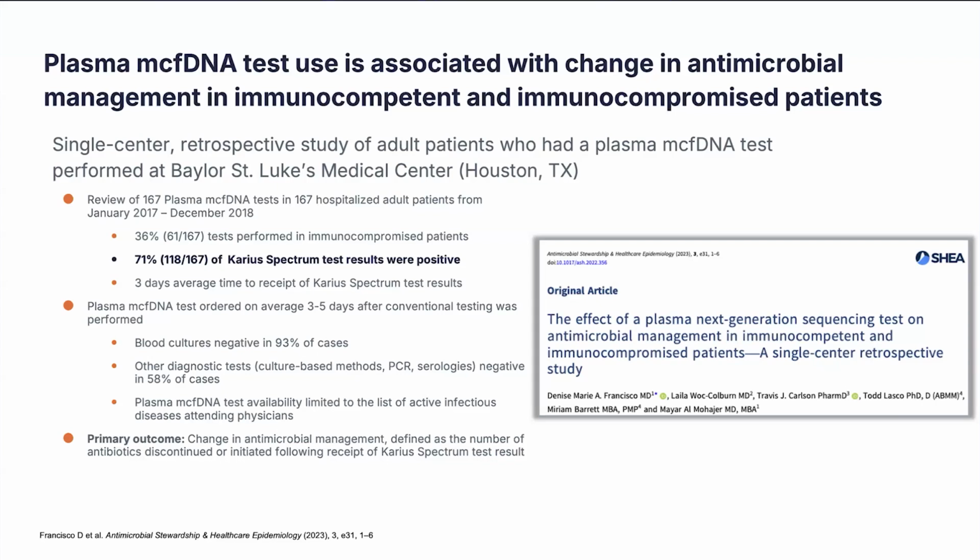So we looked at 167 patients in that time frame where Karius was sent, and this was both immunocompetent and immunocompromised patients. And we were pleasantly surprised that in 71% of the patients, something was detected on the test.